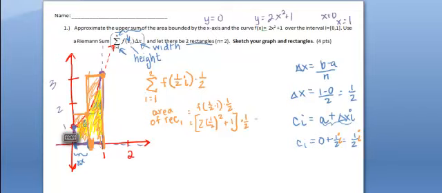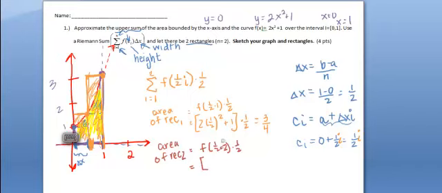When you do that calculation, you are going to get 3/4. I'm also going to do rectangle 2 now, because I'm going to have to also sum up the area of rectangle 2. So this is going to be f of 1/2 times 2, times 1/2.